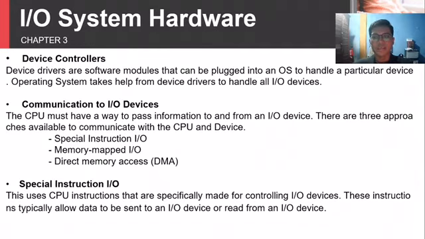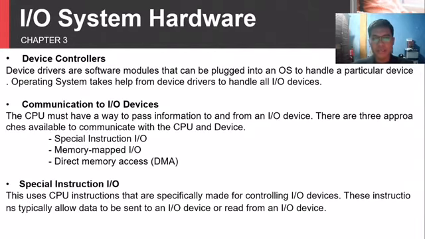The CPU must have a way to pass information to and from an I/O device. There are three approaches available to communicate with the CPU and device: special instruction I/O, memory-mapped I/O, and direct memory access, or DMA.